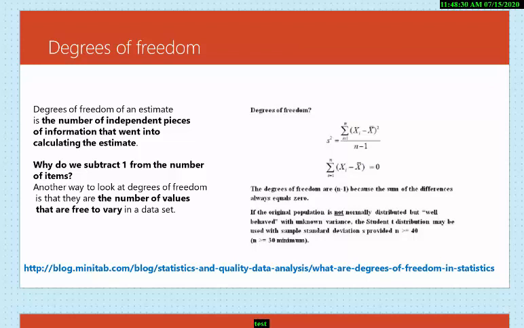So the first thing that we know is that if we have 45 data points in the sample, only 44 of them will be independent. That 45th will depend on the previous ones. And because of that, we have the degrees of freedom. And because of that, the degrees of freedom are nothing else than sample size minus 1.